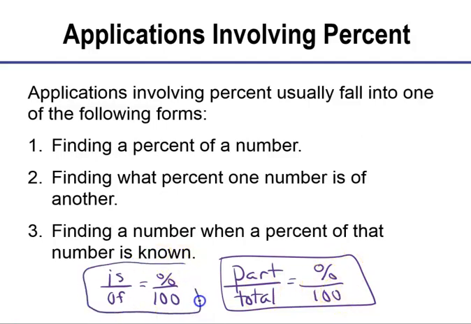This one is based on the language. So whatever your percent goes right here, out of 100, you know why that's there, because that's what a percent is. It's some number out of 100. Is the is number. When you read it, you'll see what we're talking about. And of is the of number. So you'll see, but it really is corresponds to the part, and of corresponds to the total.